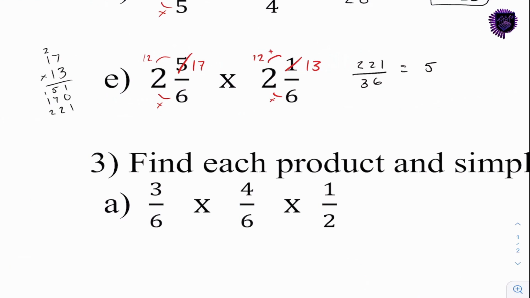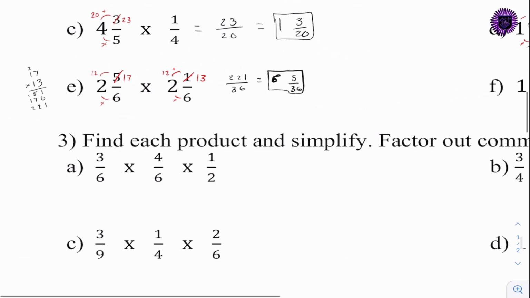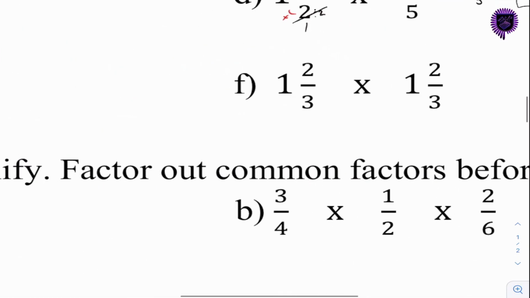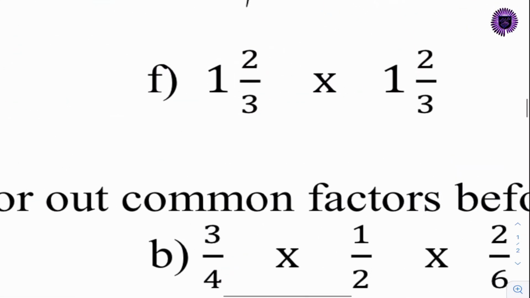Sorry, that's not right. 6 times 36 is 216. Oh boy, that's a tough one. 6 and 5/36. That is not simple to get to. Okay, moving on.